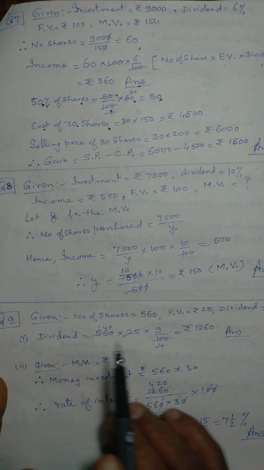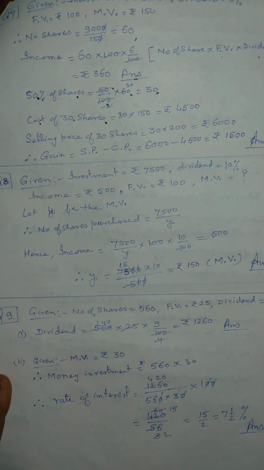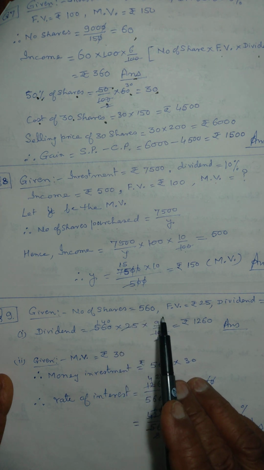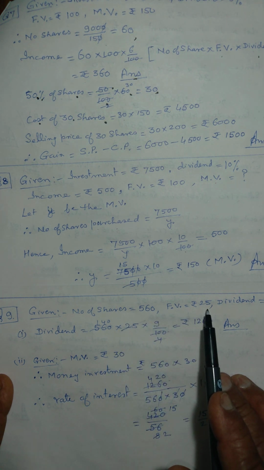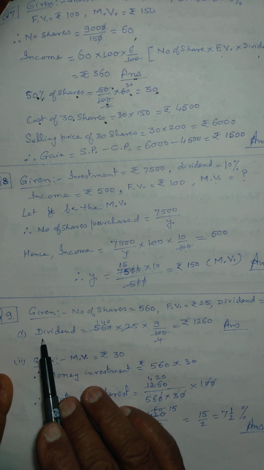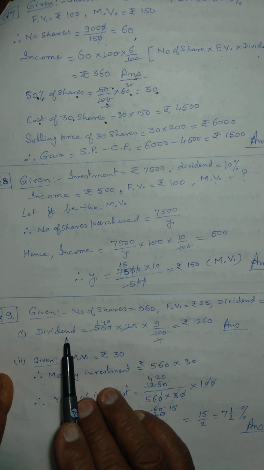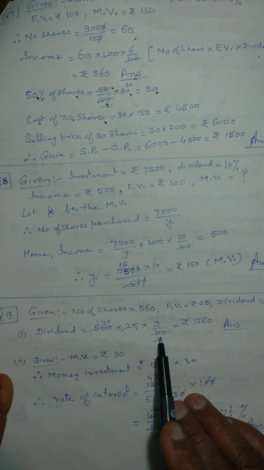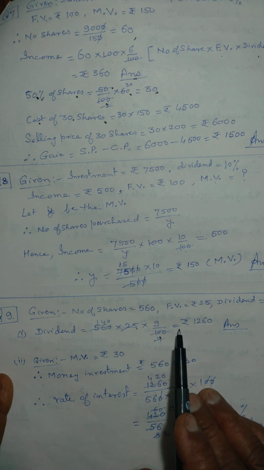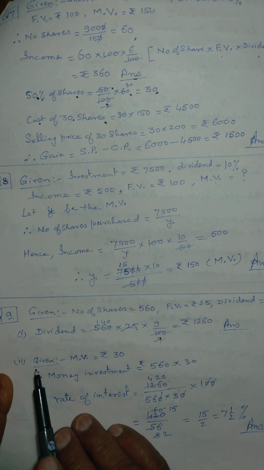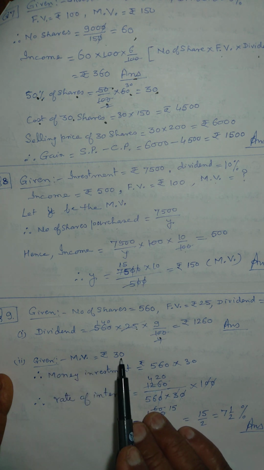Now question number 9. Number of shares is equal to 560. Face value is rupees 25. Dividend is 9%. First part of it, dividend is equal to 560 into 25 into 9 by 100. You solve it, you will get 1260. Second part, given that market value is rupees 30.